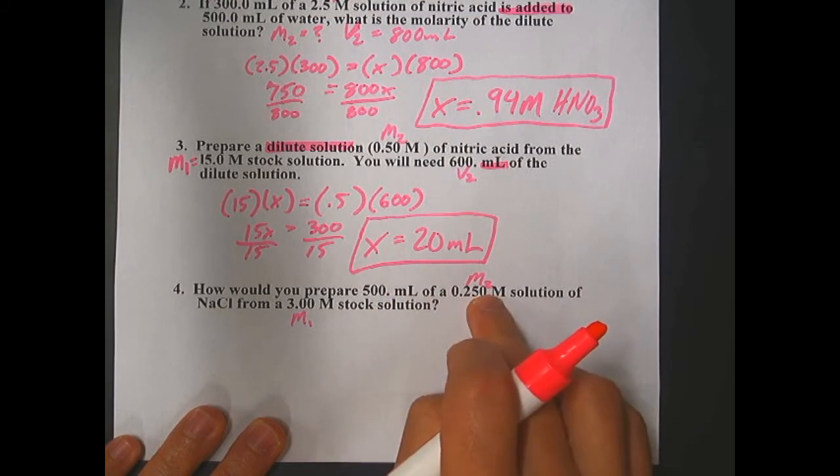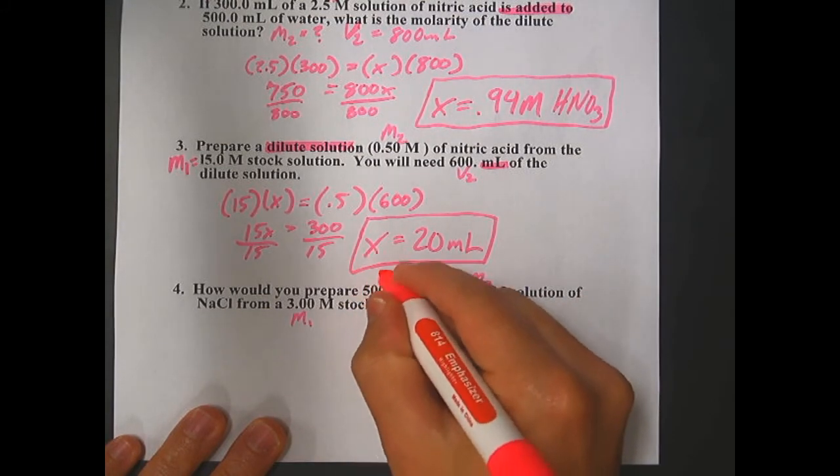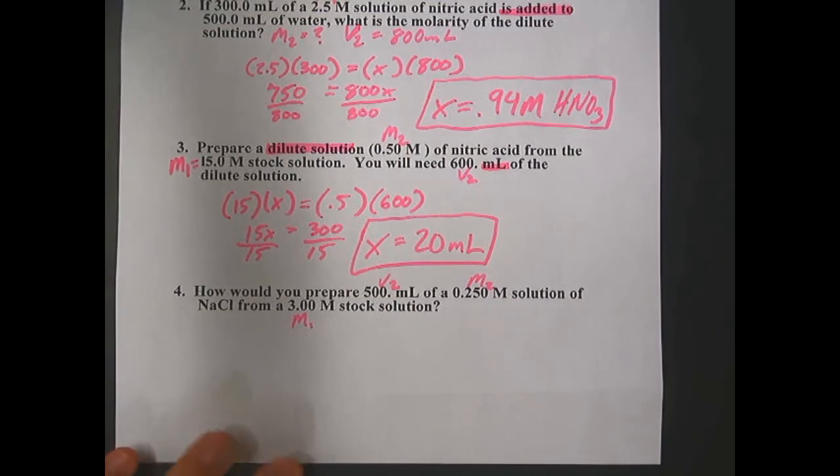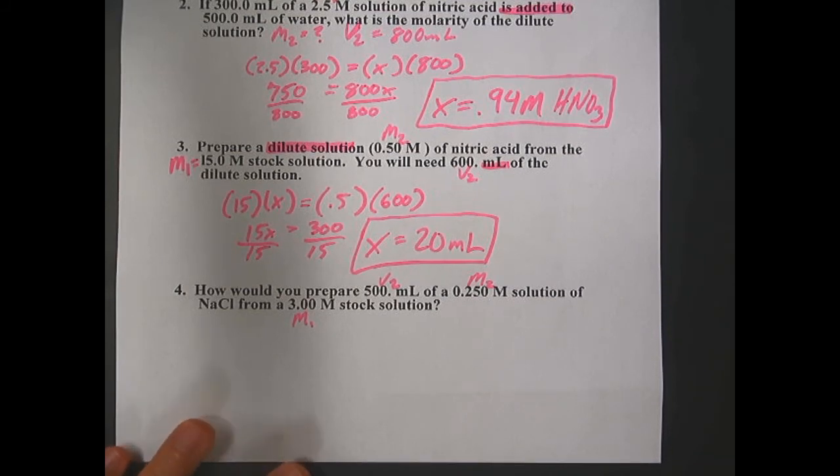We want 500 milliliters of this, so this must be V2. So again, we're solving for V1. Notice this question says, how would you prepare? So in the end, when we're done solving for x, that's not our final answer. Let's just keep that in mind.